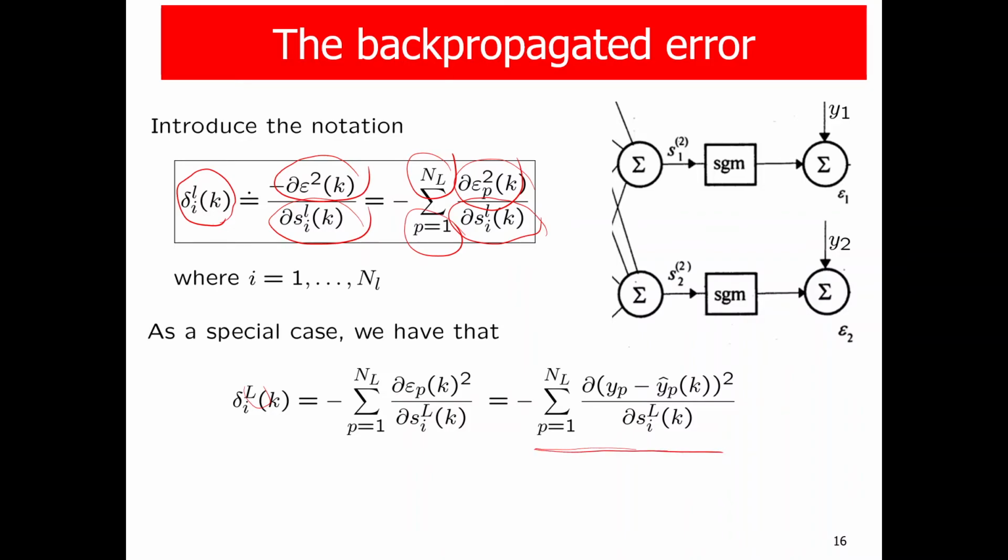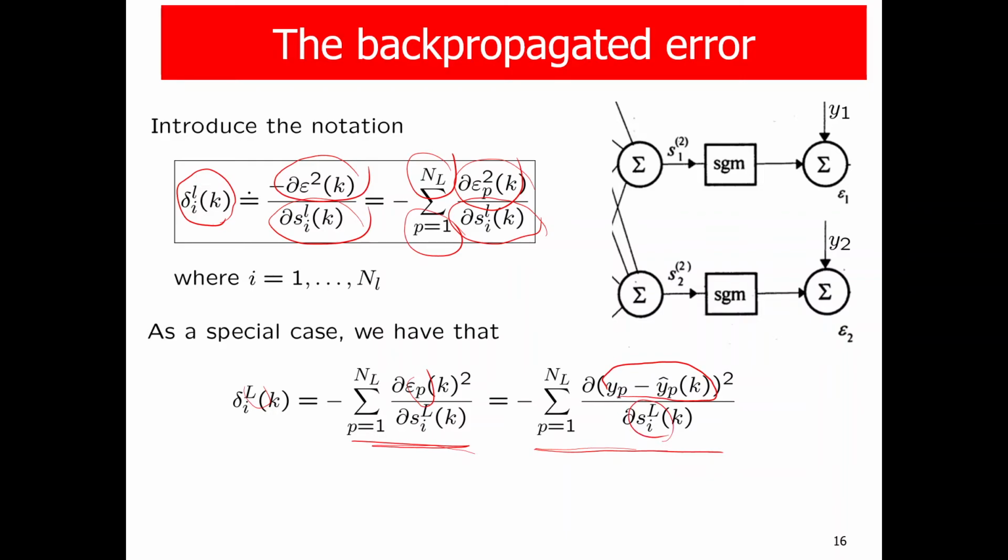By definition, we know that the backpropagated error on the last layer is this quantity, but epsilon_p is just y_p minus ŷ_p. So we need to calculate the derivative of the sum of (y_p minus ŷ_p) squared with respect to S_{L,i}.